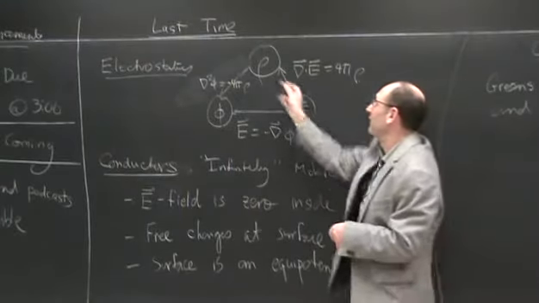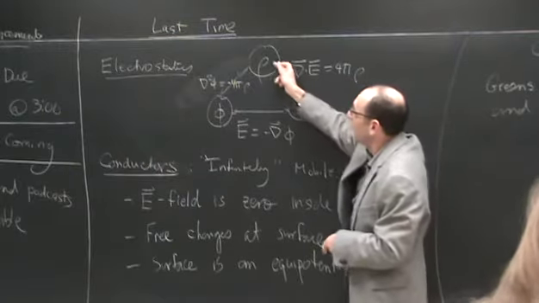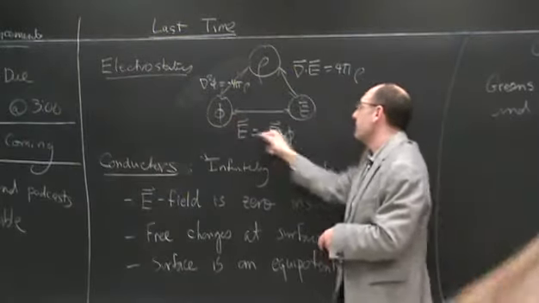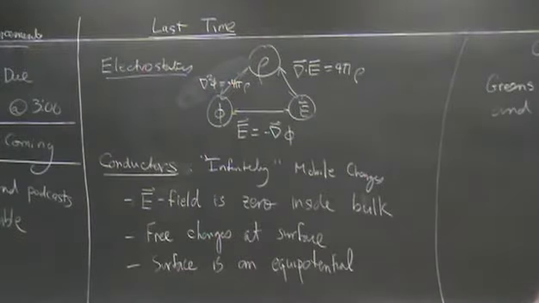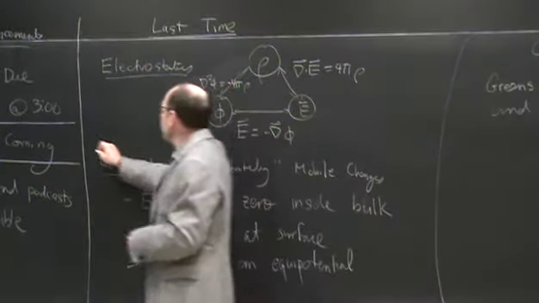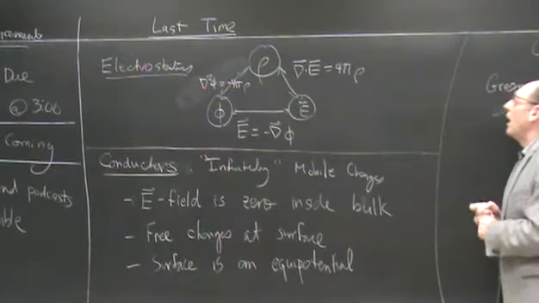Or if you can't use Gauss's law to get the field, you would find the potential and take the gradient to get the field. You have to think about what's the best approach for doing that. Okay, so those are the general kinds of problems that we're faced with.